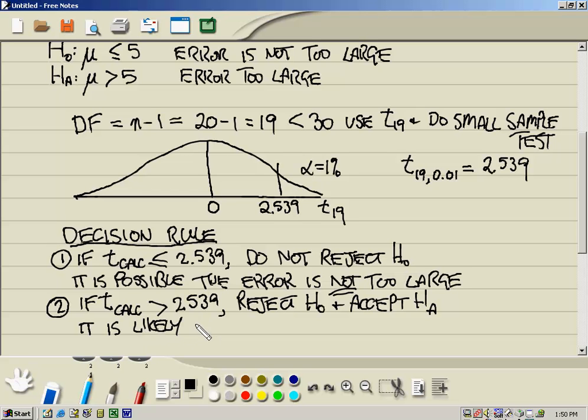It is likely the error is too large, or we can say it is likely the average percent forecast error is greater than 5%.